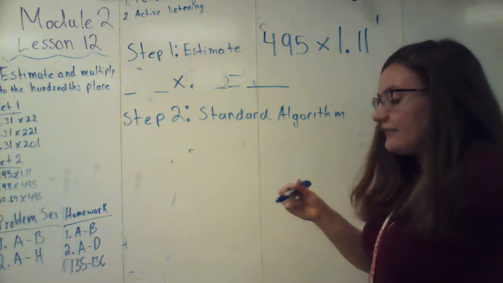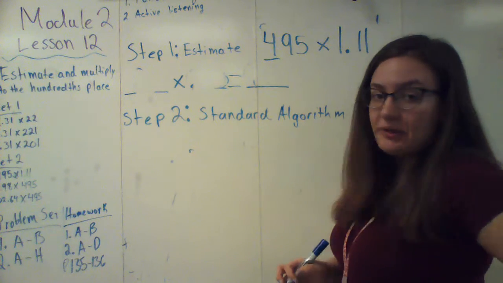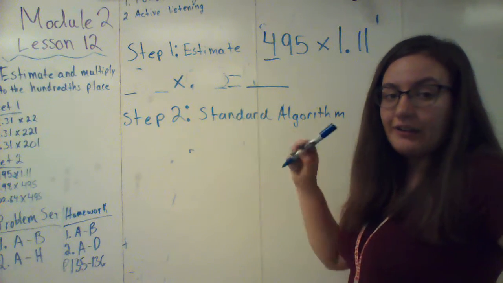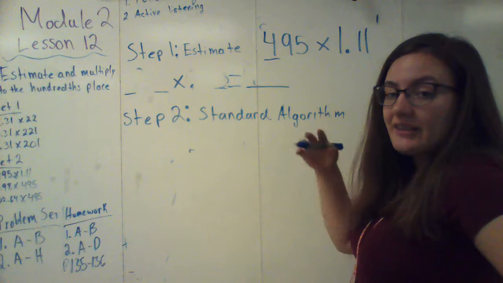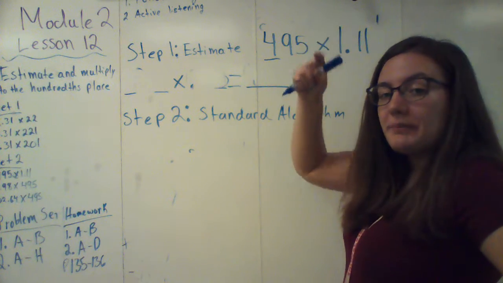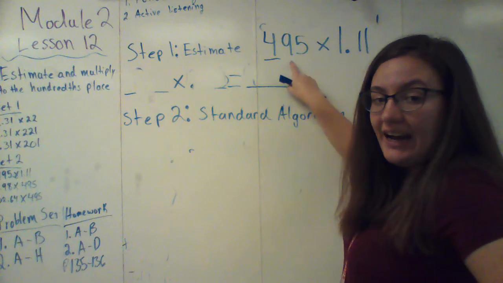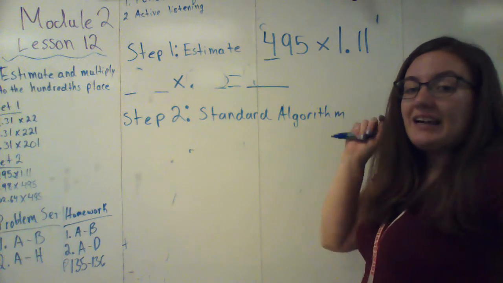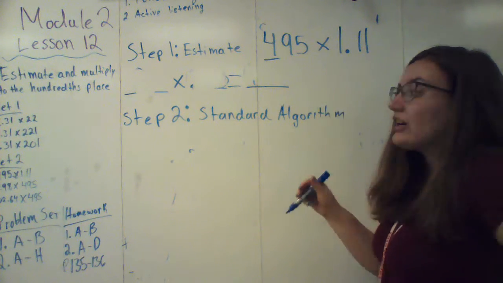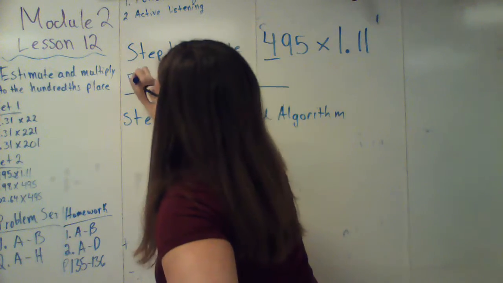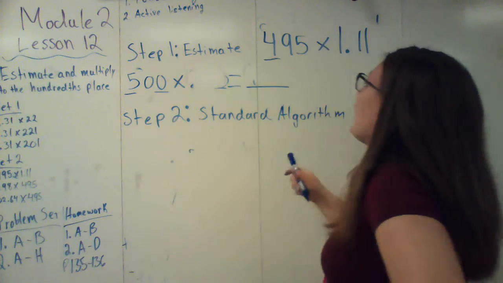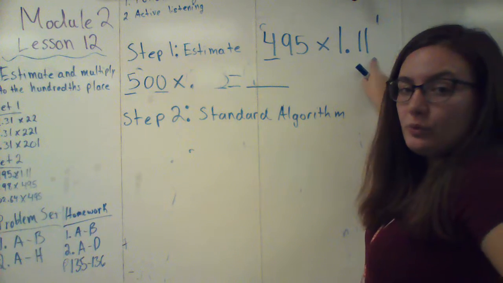So 495, I'm going to underline my largest place value because I need to estimate and round. I can either round down to 400 or I'll go up to 500 because 4 plus 1 is 5. And since I have a 9 in my next place value, that is bigger than 5, so I need to round up to 500. So I'll put a 500 here. And then I have 1.11 here.